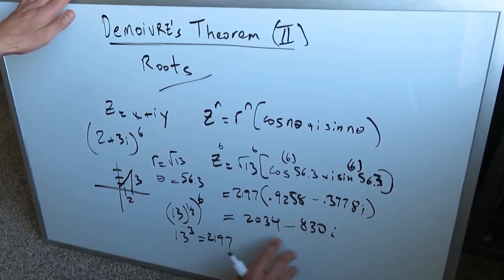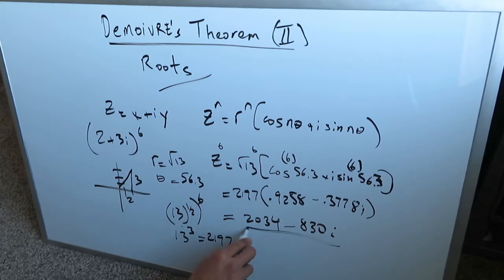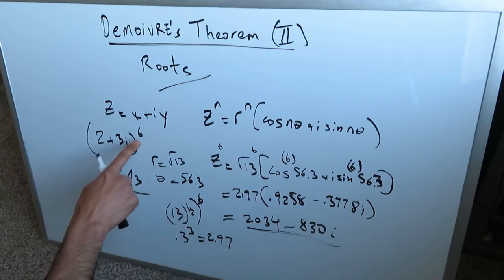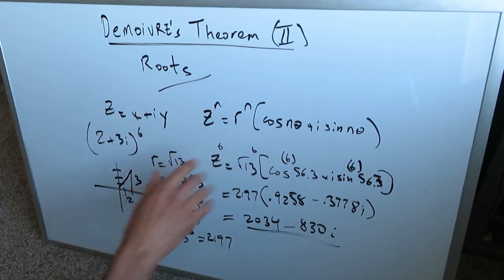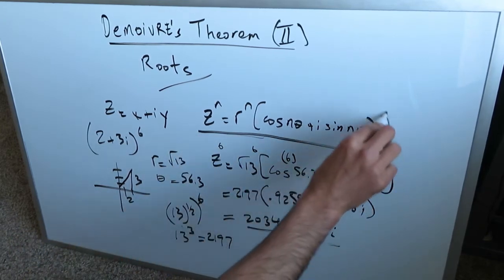Again, we can be off by 1 or 2 digits because of the decimal places. But this is the answer: 2034 minus 830i, and this represents this complex number to the power of 6. Not a difficult question. So just remember this formula, which is the formula for determining the powers of complex numbers.